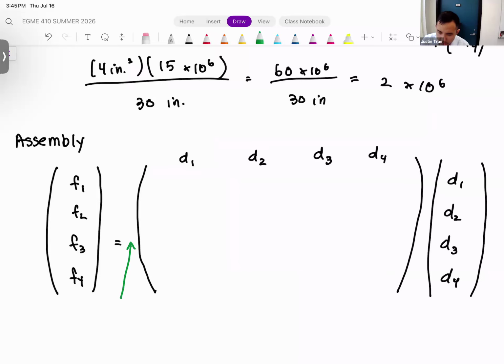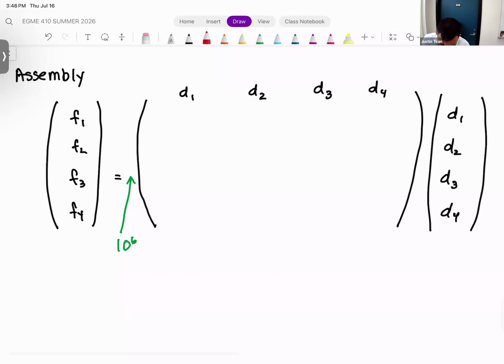Don't be afraid to do this, just to save yourself some writing. Because all the elements have that 10 to the 6 factor, I'm going to pull that out in front. That simplifies the construction of our global linear system.